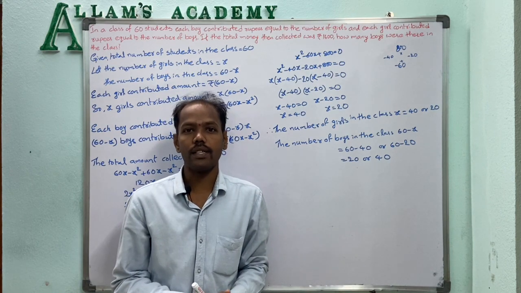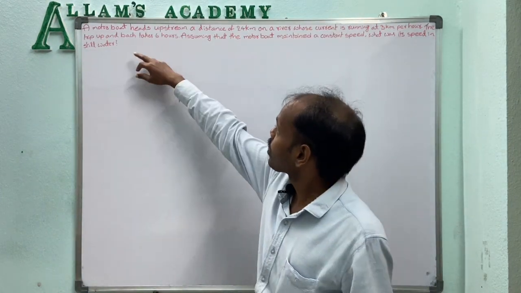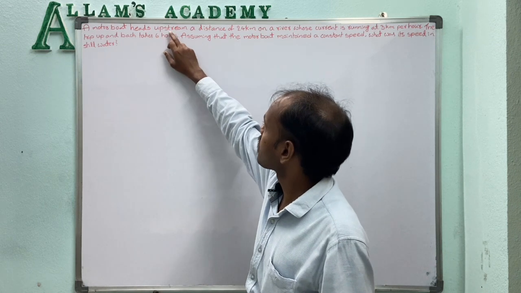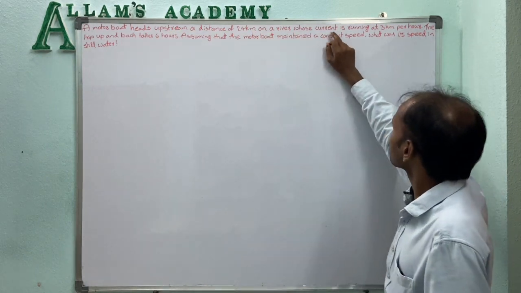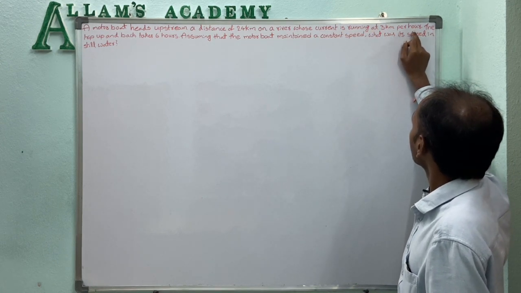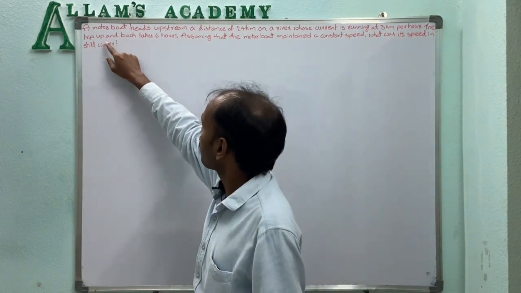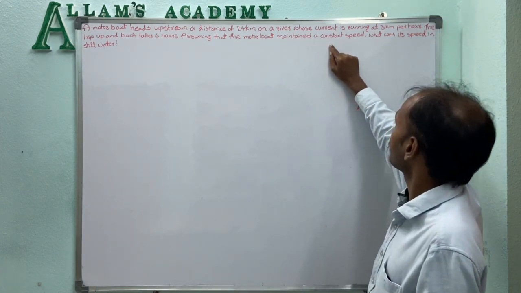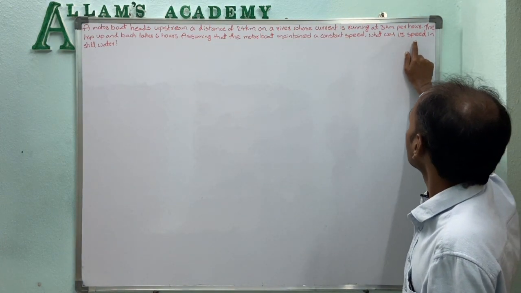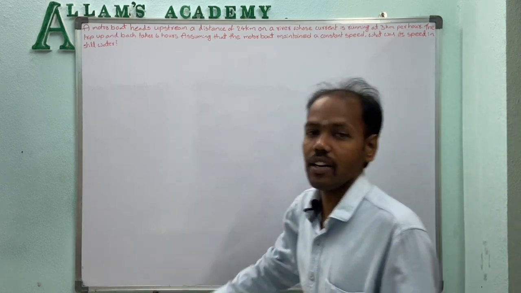The number of boys. Given problem, a motor boat heads upstream a distance of 24 kilometers on a river whose current is running at 3 kilometers per hour. The trip up and back takes 6 hours, assuming that the motor boat maintained a constant speed. What was its speed in still water?